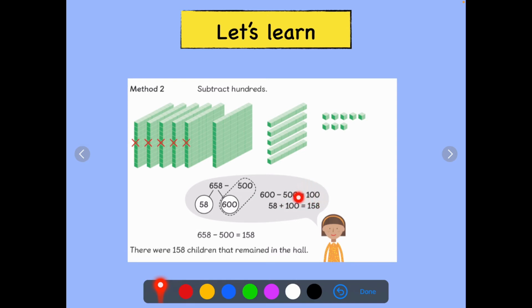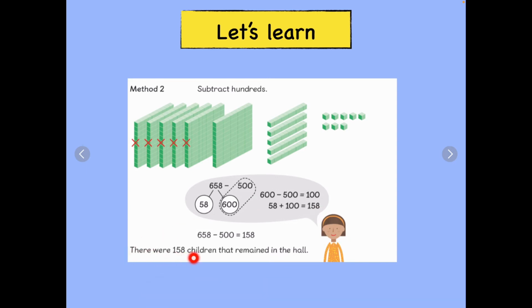Now we must add this 100 and the 58 in 658. 58 plus 100 is 158. There were 158 children that remained in the hall.